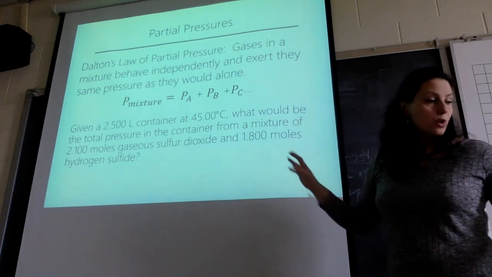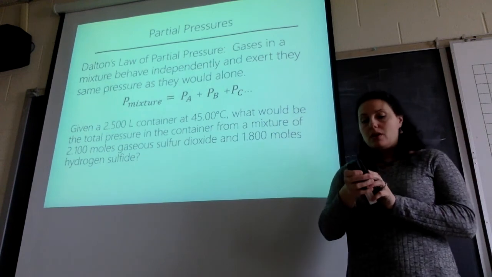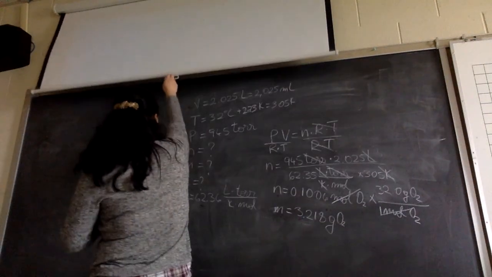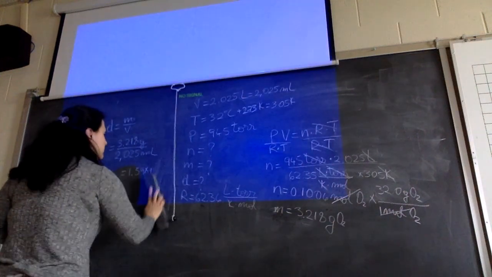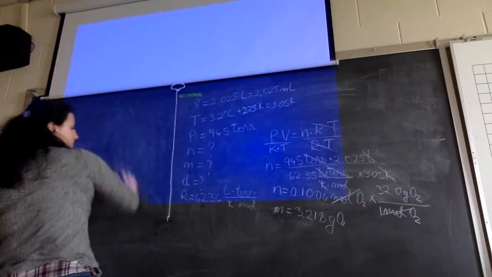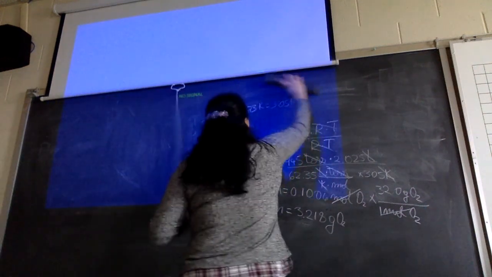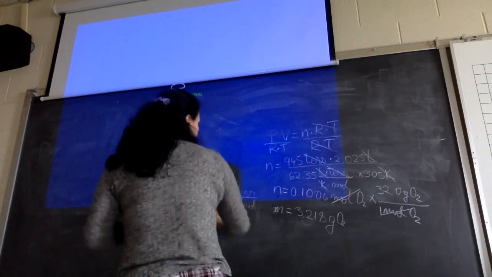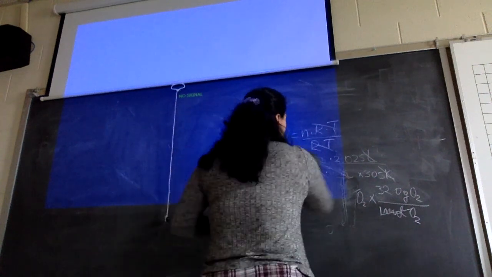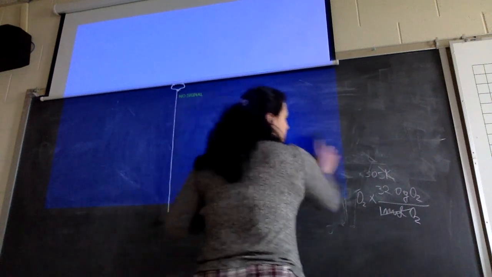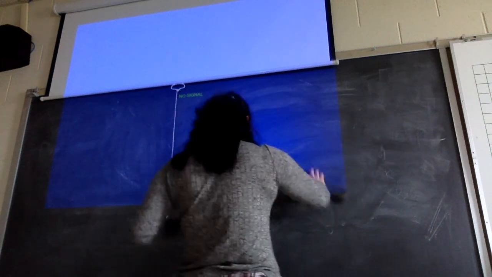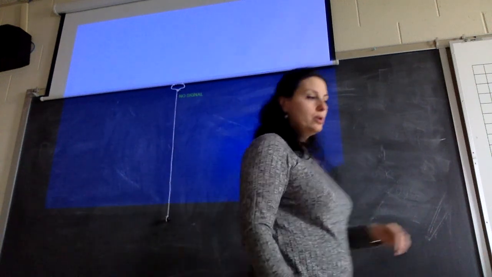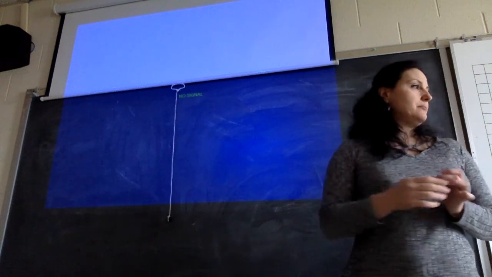Okay, let's work this problem on the partial pressures. I will once again read it, and then you will have it in front of you, hopefully, so you don't need to see it.